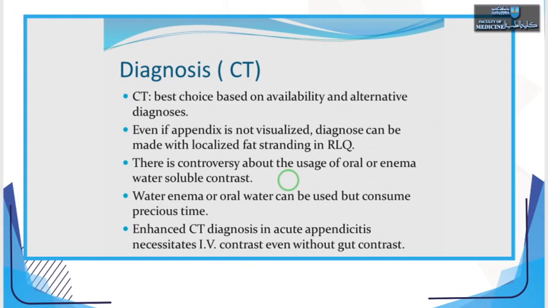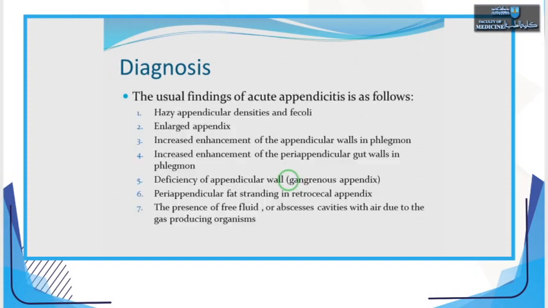So usually we take the patient from the ultrasound room to the CT room without any oral water or contrast, or enema water or contrast, with IV contrast only. Enhanced CT diagnosis in acute appendicitis necessitates IV contrast even without gut contrast.